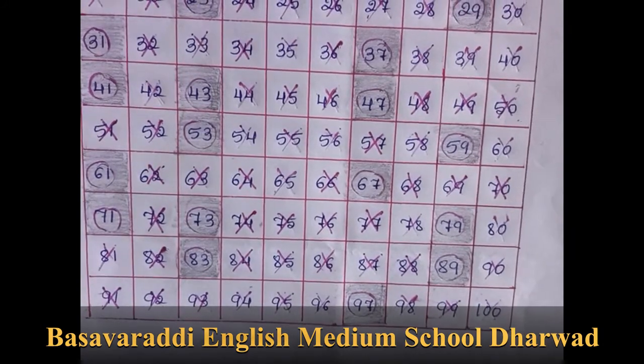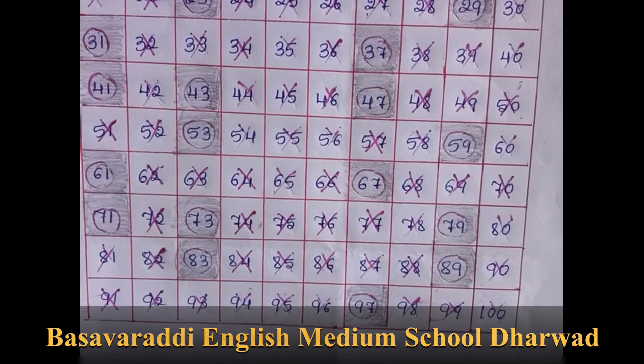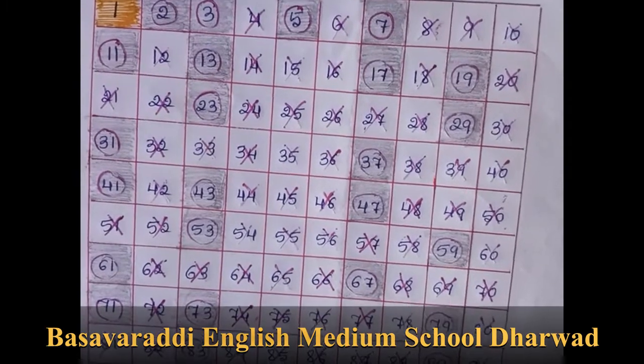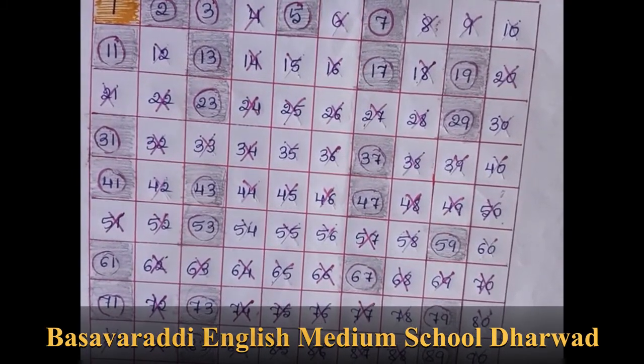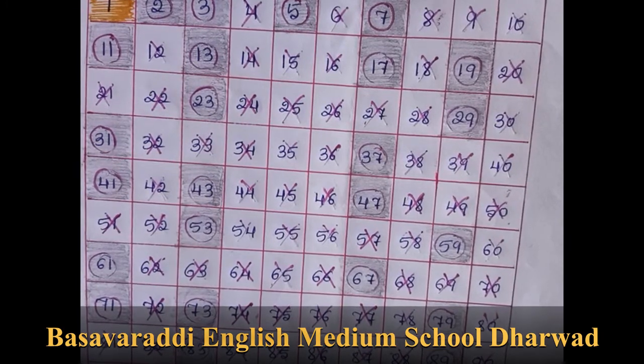Okay, that means all the circled numbers are prime numbers and the crossed ones are composite numbers. Let us write how many are prime numbers and how many are composite numbers from 1 to 100.